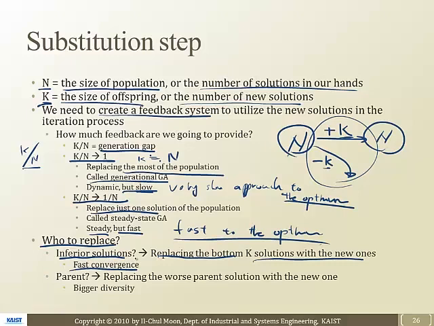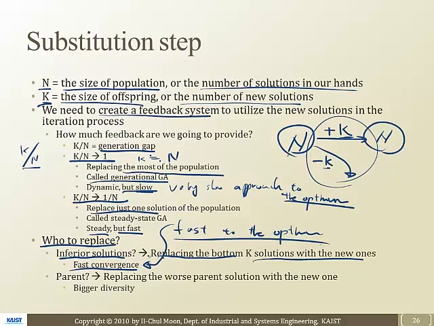It's a fast convergence, going fast to the optimum. However, does just removing inferior solutions make your heuristic work? Of course not. You want to keep some inferior solutions, because you want to have some diversity.